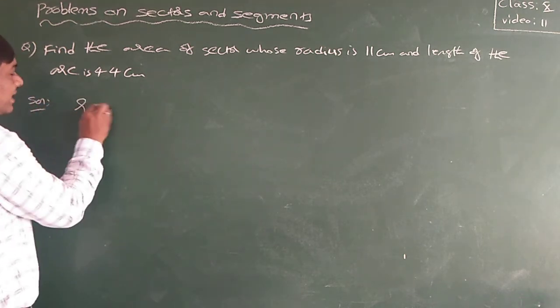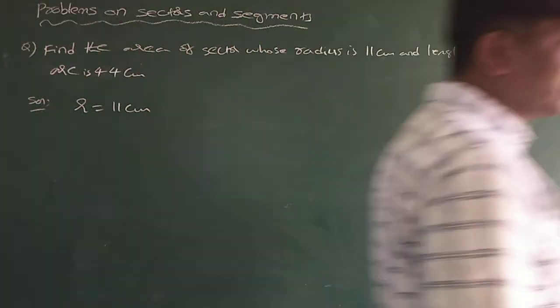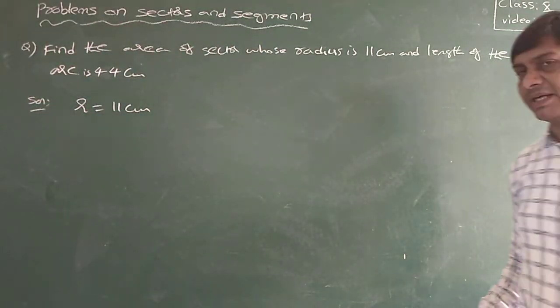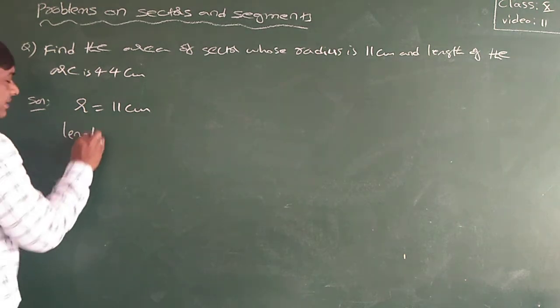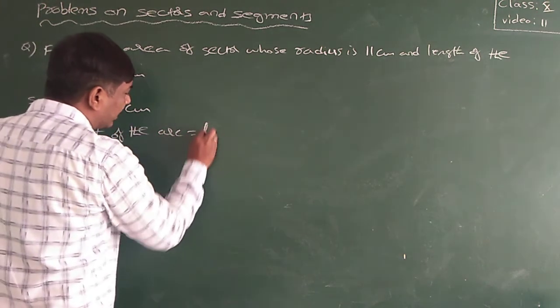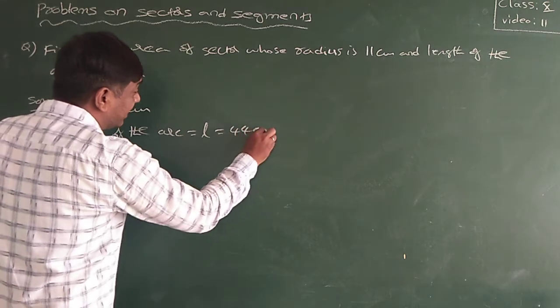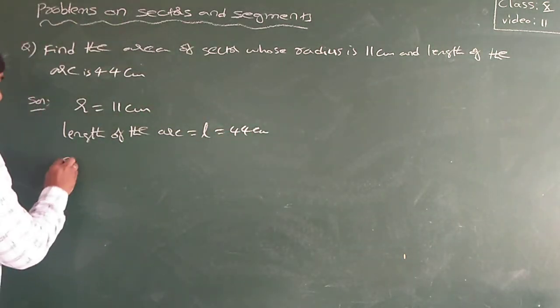So the radius of the circle is equal to 11 centimeters. Now the length of the arc, L, is equal to 44 centimeters. When the length of the arc and radius are given, there is another formula I gave.